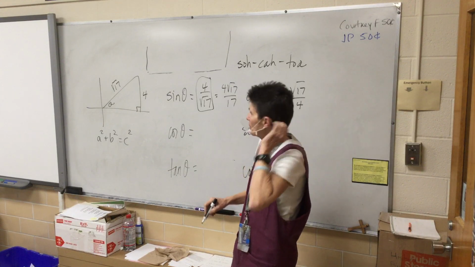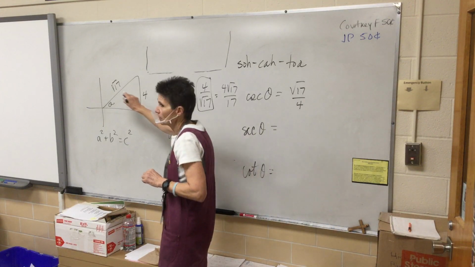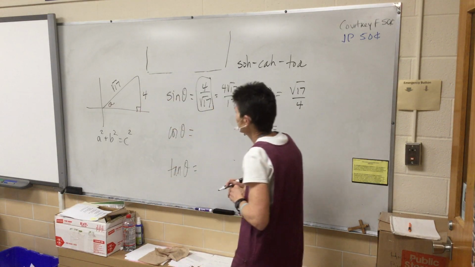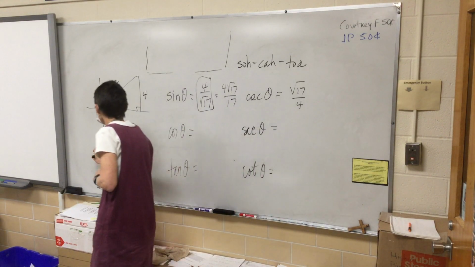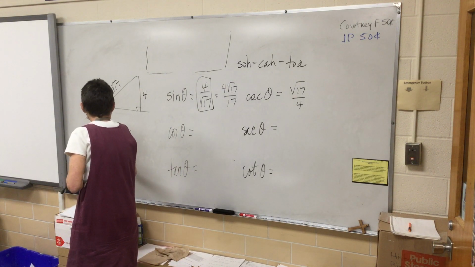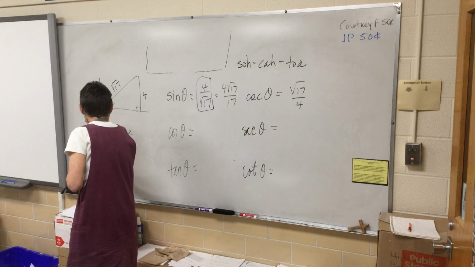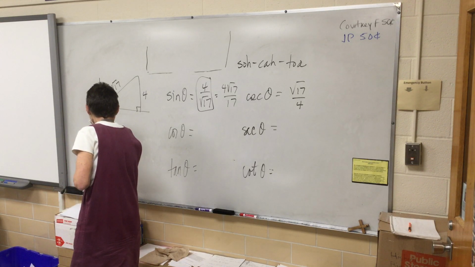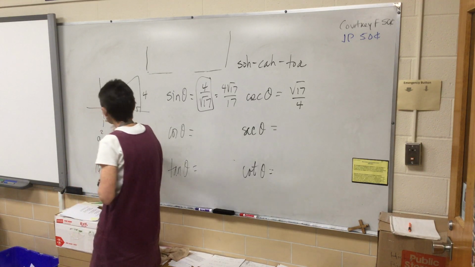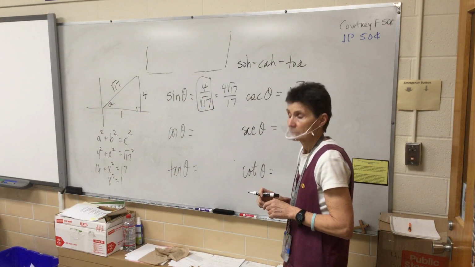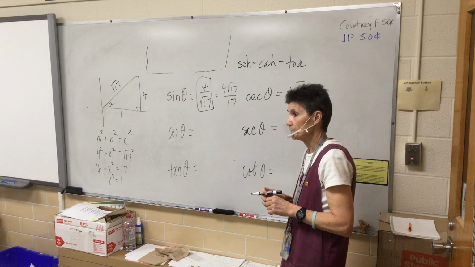Before you get too far, look up here. Is this how you put your numbers originally into your triangle like that? Okay, that's good. Did you get 1 for your adjacent side? Yeah. Okay. Good. That's good.